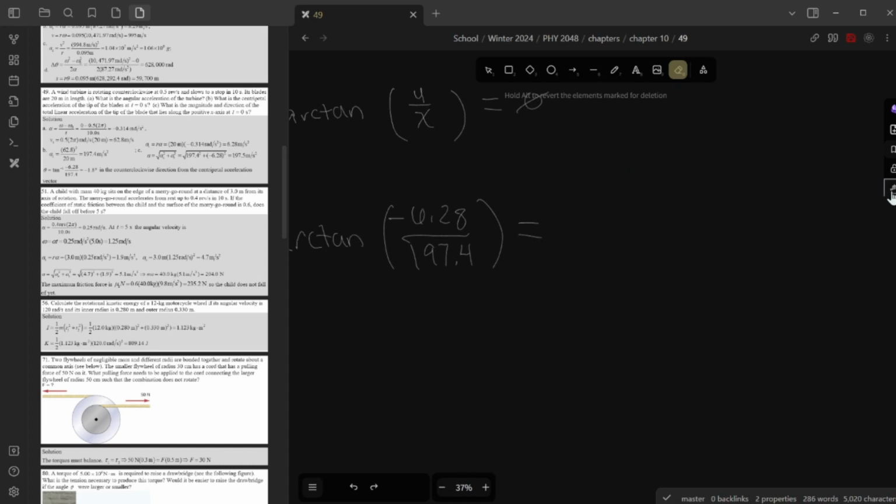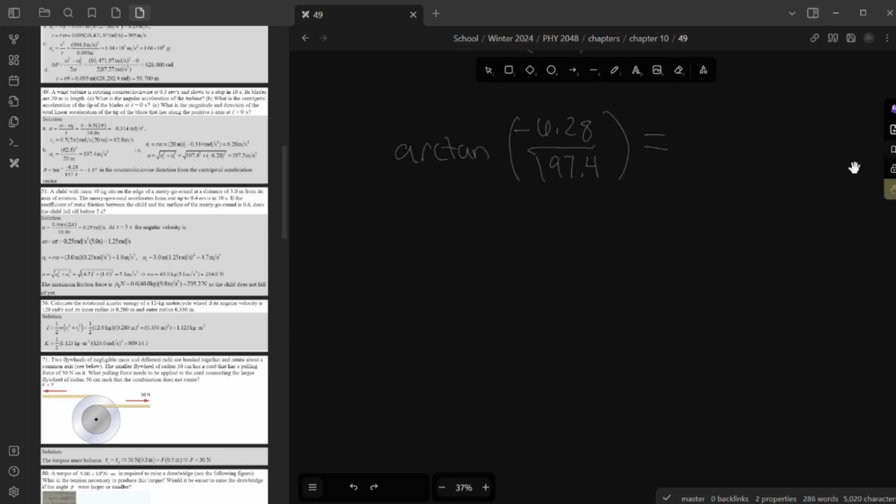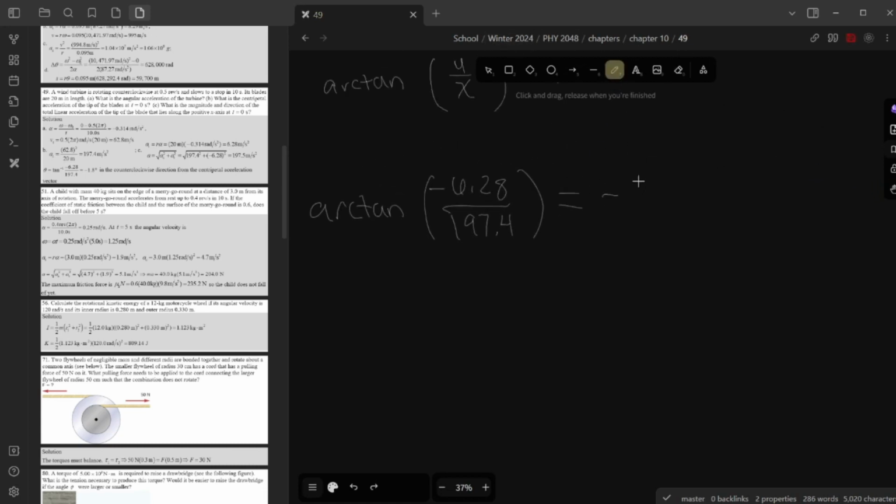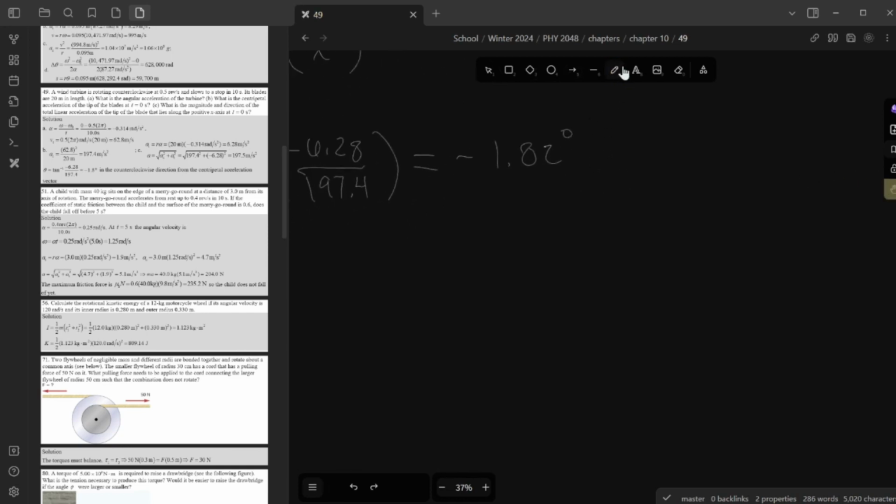So just make sure your calculator is in degrees. Actually, no, it can be in radians. Just multiply by 180 divided by pi. And that'll make it in degrees. So yeah, and if you do that, you should get negative 0.182 degrees. And the negative states that it's in the counterclockwise direction.